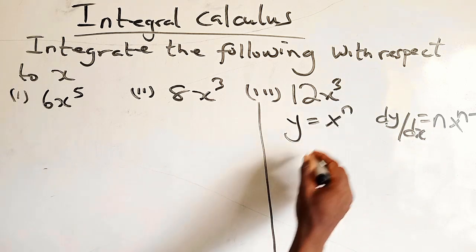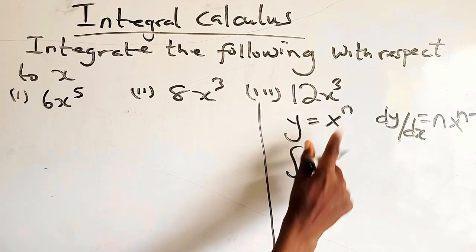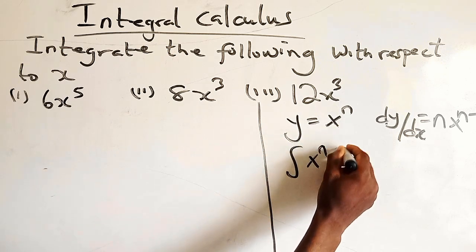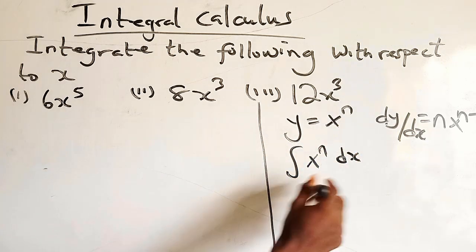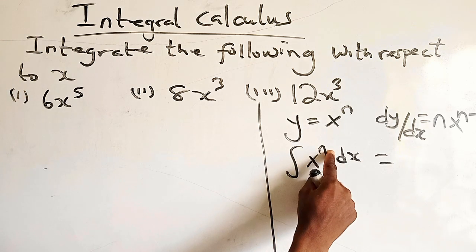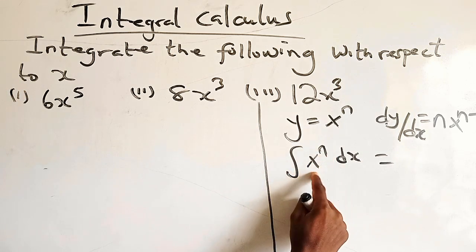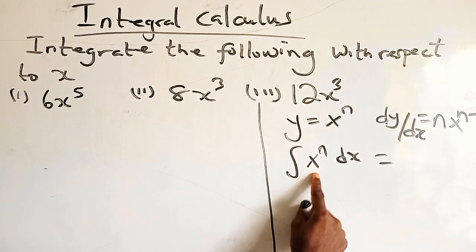To integrate this same function, I will say the integral of this with respect to x. What will I do? I will add 1 to this power and divide everything by the new power.